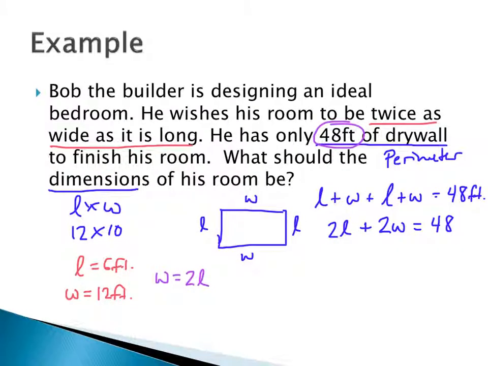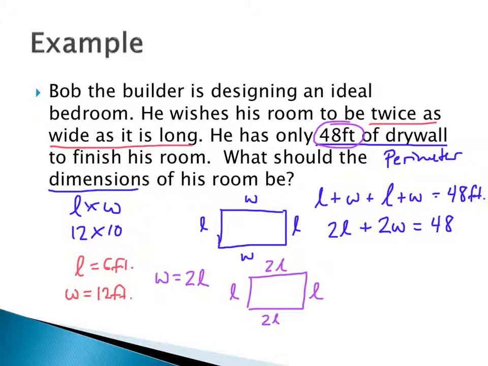If I redraw the picture now, I know that I have my two lengths, and what I just said is that my width is going to be twice the length. So I can put 2L and 2L. What this does is it gives me the same expression I had up here in blue, but now I can rewrite it.